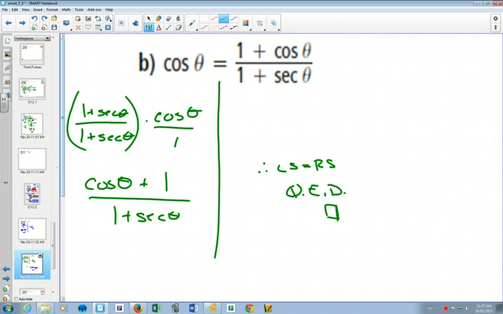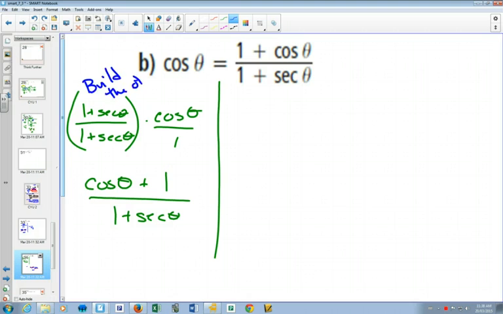You make a 1 plus secant theta on the bottom, as long as you're multiplying by 1. Sometimes, though, when you build things up, they get really complicated, and they're not necessarily seen as the nicest proof. What Florian was saying here is we could look at the right side and another key strategy. So this strategy I call build the other side. That's not patented yet or anything.